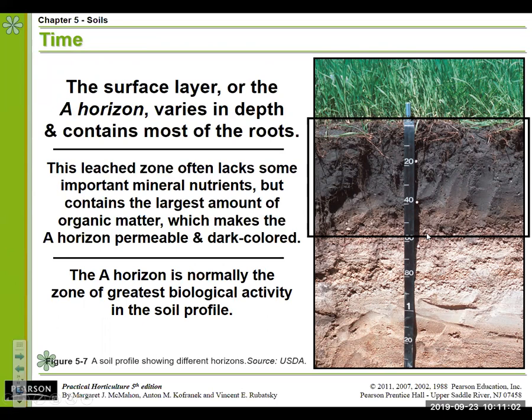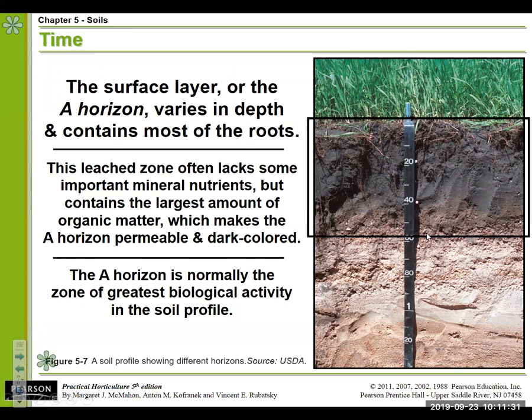Alluvial soils, those that are developed by the deposition of nutrients and material from water, tend to have very thick A horizons. A is what we call the topsoil. It's the most important for the production of crops. And most of our crops' root zone is mostly confined to this A layer.